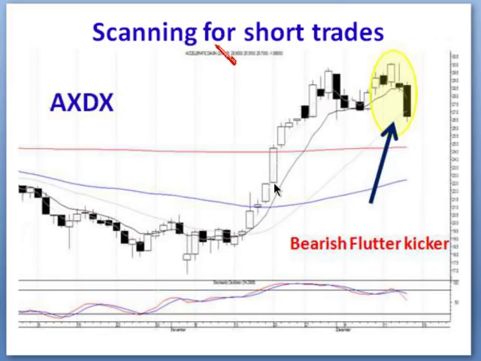So if we're scanning for short trades, what are we looking for? We're looking for the strongest trades. In this case, a bearish flutter kicker signal. Why do we call this a flutter kicker signal? Because that doji right there, notice where it opened. It opened below the previous day's candle, or the previous day's open.